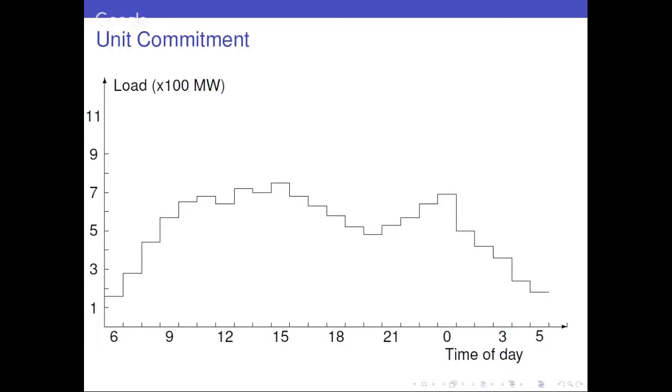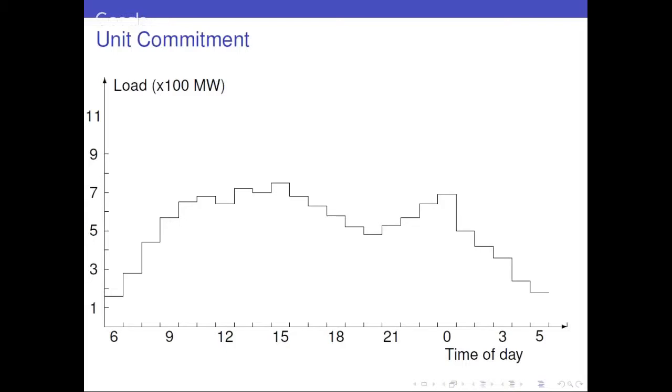This curve says, for example, that at 6 a.m. we're expecting a load of somewhere between 1 and 200 megawatts. These are obviously just made up numbers. Then it goes up, you have a peak in the morning, it drops a little bit, you have a second peak in the day, and then it drops off again at night. This is very roughly what a real load curve looks like.